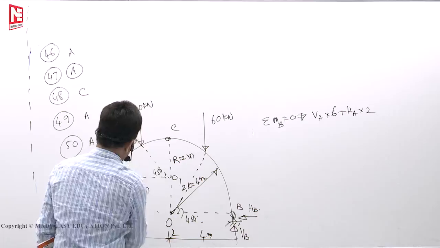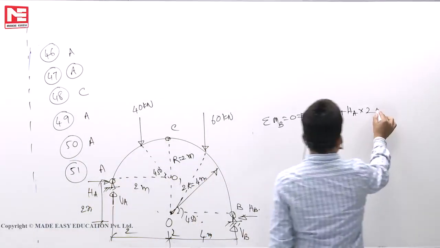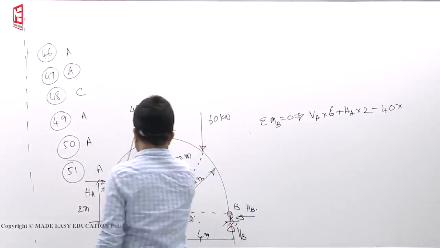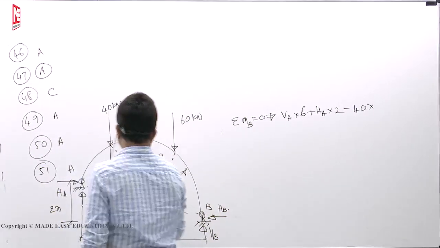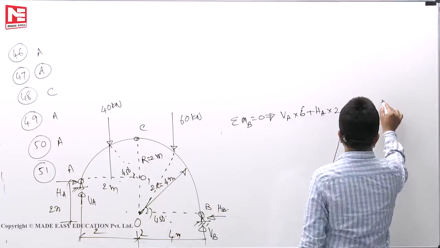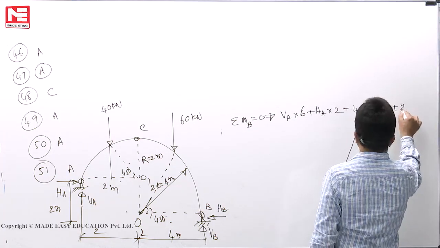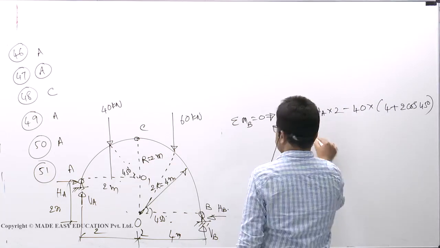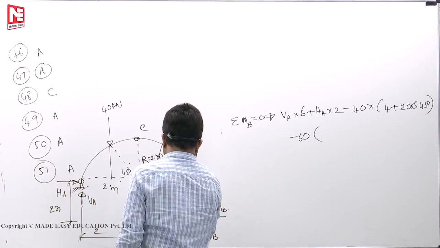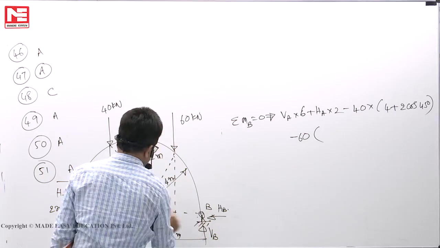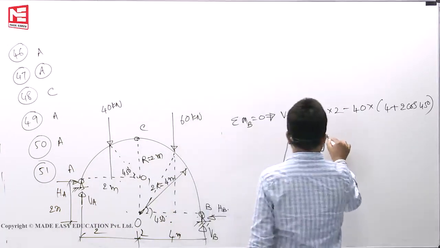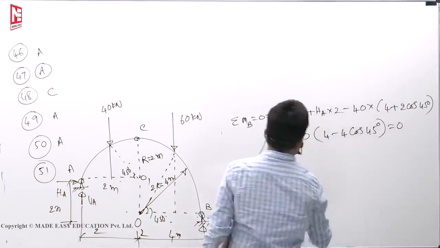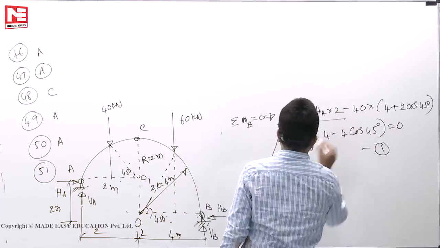This is plus, this is also plus, but this is minus. Minus 40 into (4 plus 2 cos 45), this is the distance. Minus 60 into (4 minus 4 cos 45), this distance, equals 0. So you will get one equation in terms of VA and HA.